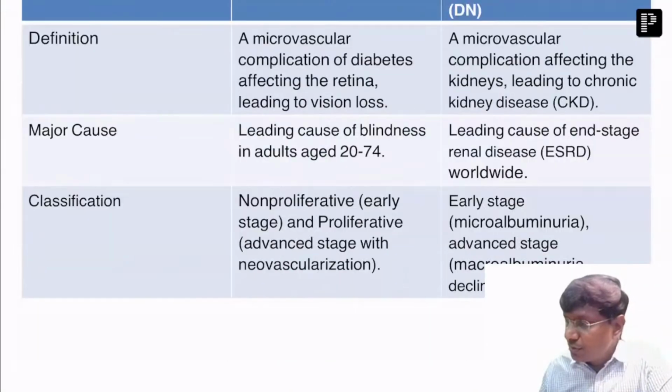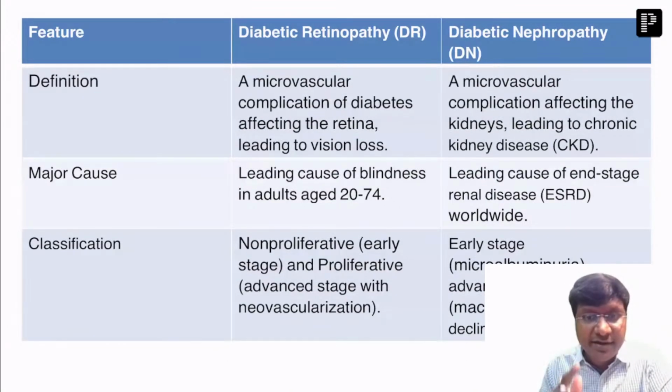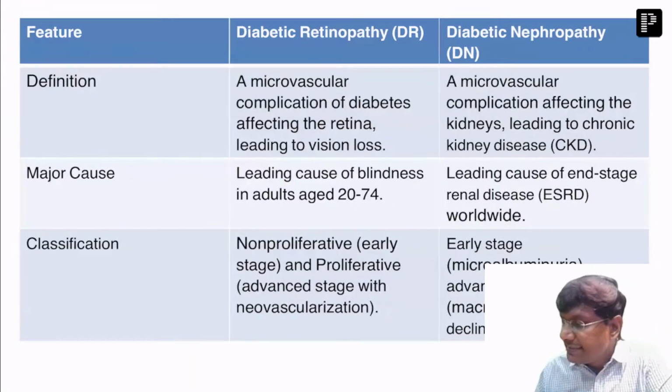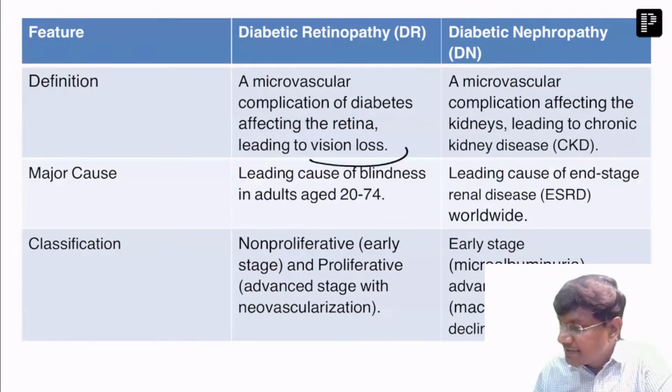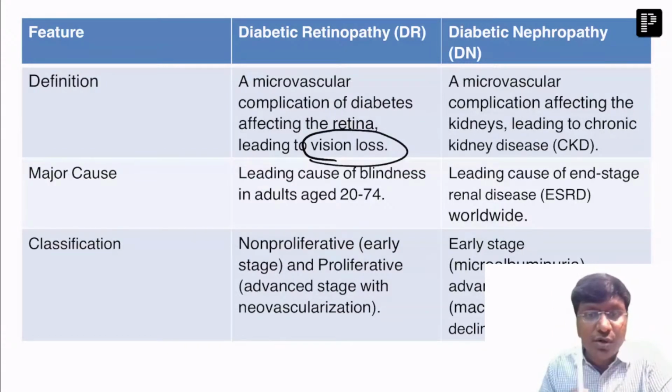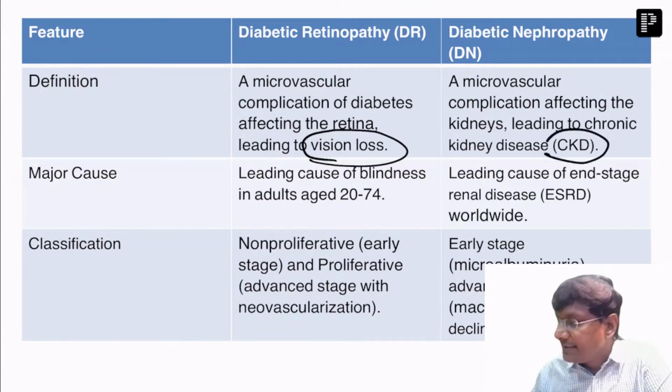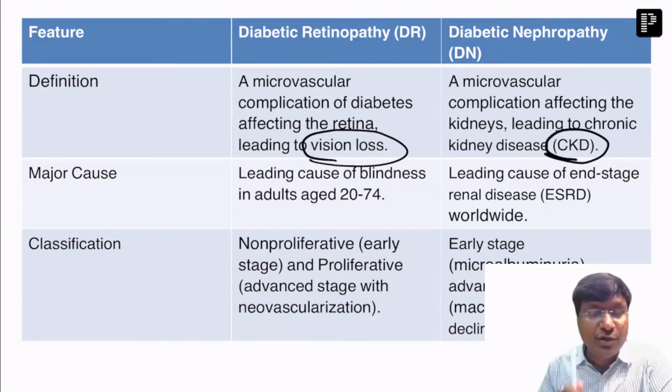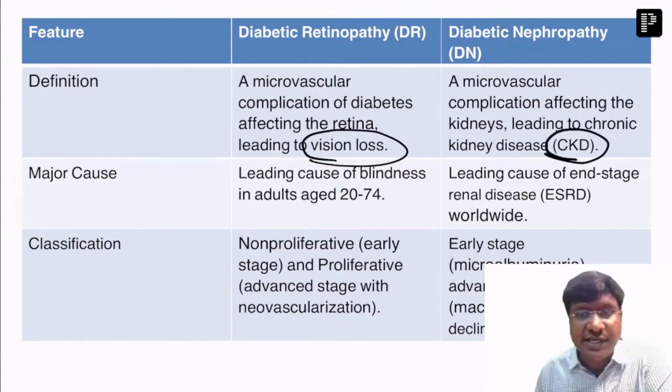Now, you take diabetic retinopathy. This is one of the leading causes of vision loss. Whereas diabetic nephropathy is one of the leading causes of end-stage renal disease, that is CKD.